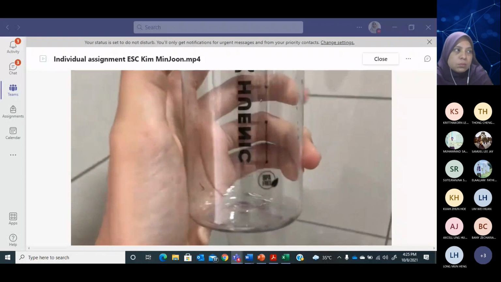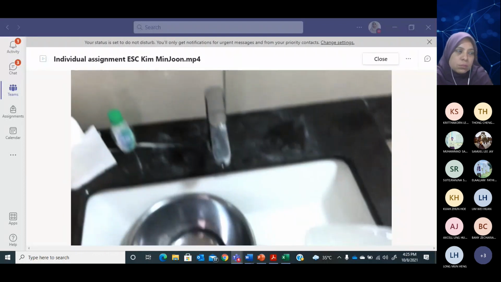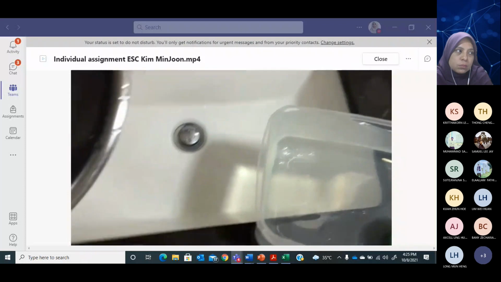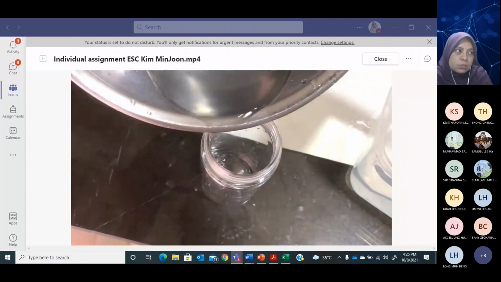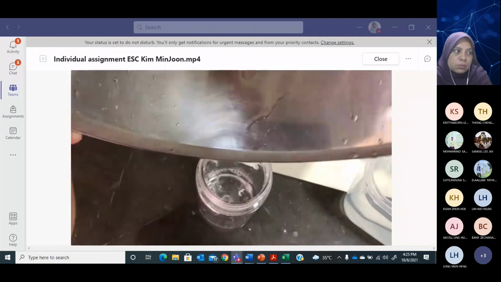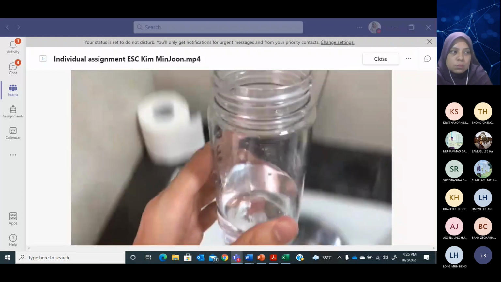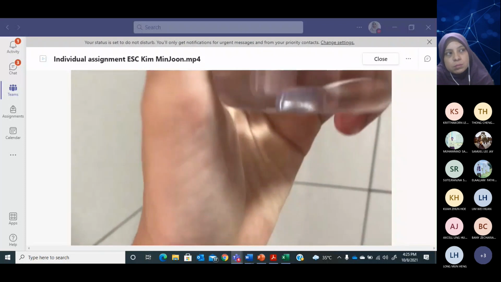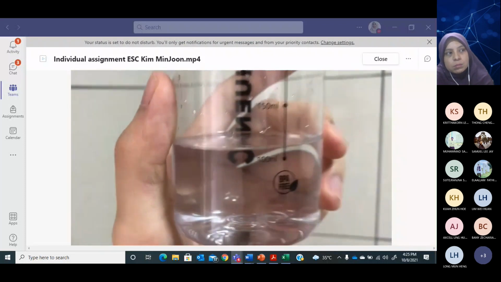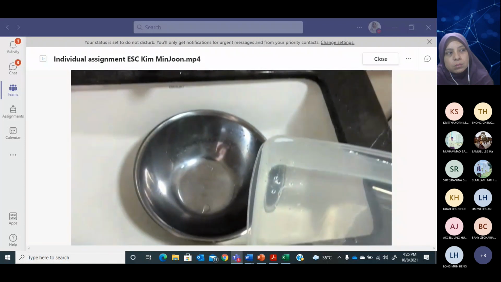After, we can put the displaced water into a measuring bottle or a measuring flask. And if we see here, it will say around 100, around 110, somewhere around there.